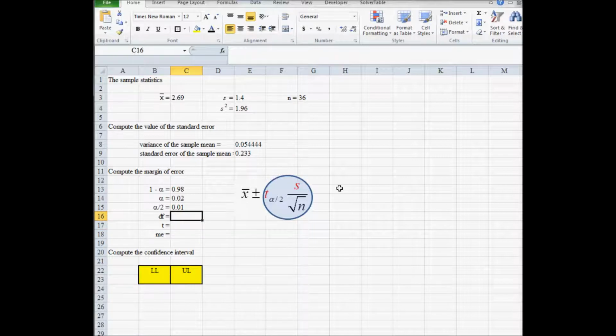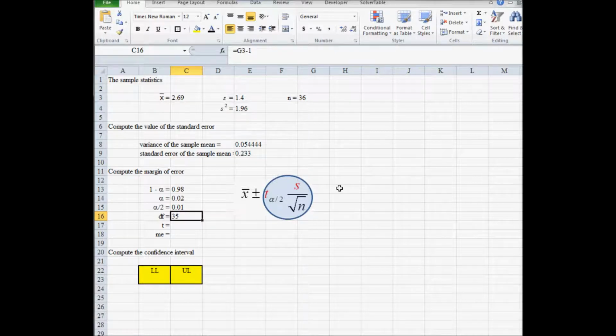There are infinitely many t distributions, all with a center at 0. The thing that distinguishes each t distribution from other t distributions is the parameter called degrees of freedom. It equals n minus 1 in this case. So the degrees of freedom are 35.